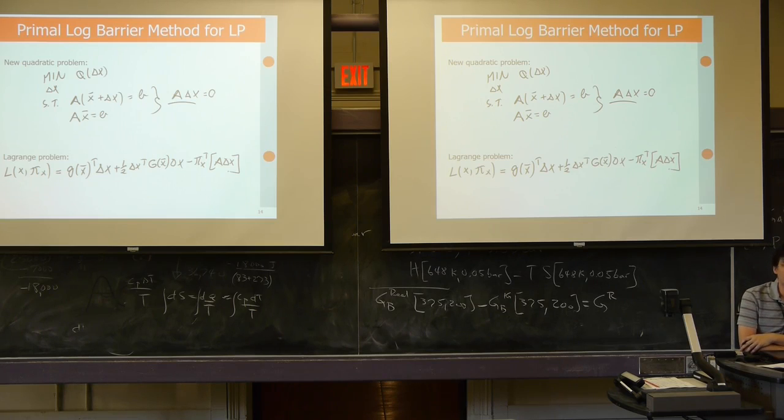So what do we need to do? We need to calculate the derivative of this Lagrangian with respect to delta x and pi of x, and we solve that equation. It's very simple because it's just linear in delta x and linear in the Lagrange multiplier pi of x.